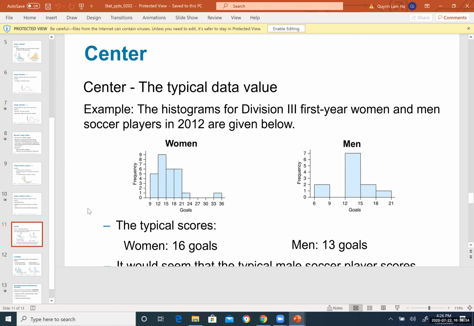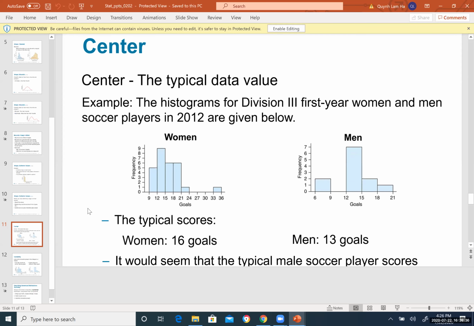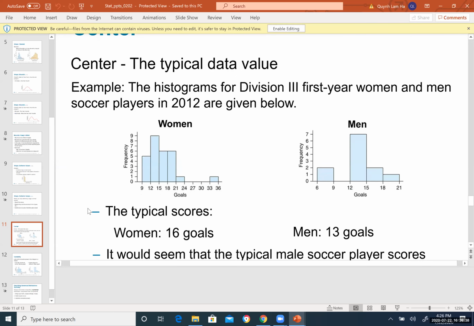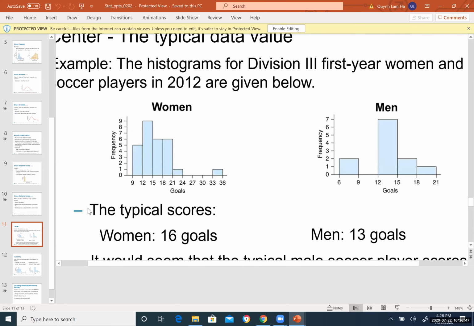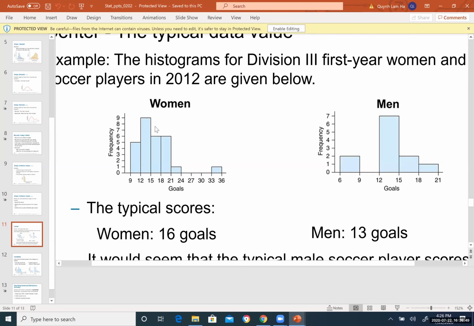This goes back to the example that we talked about in part 1, right? But they have extra for the men right there. It looks like for the women's side there is more data compared to the men's side. See that?